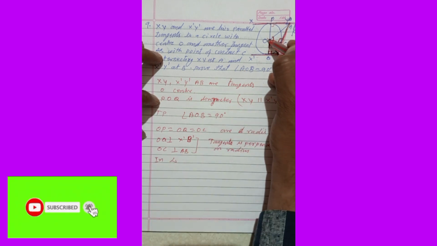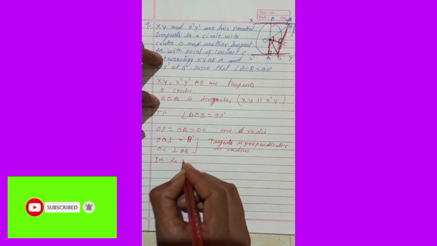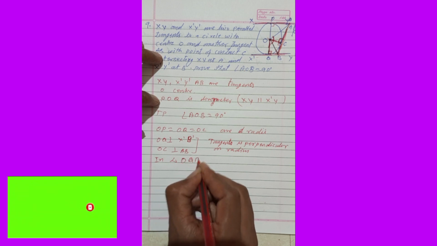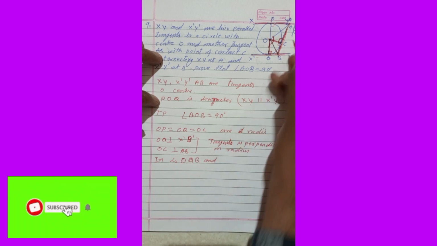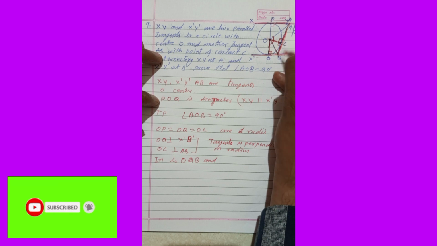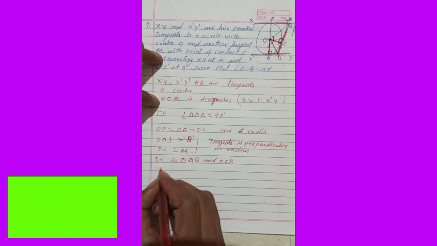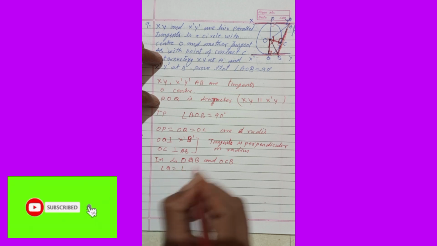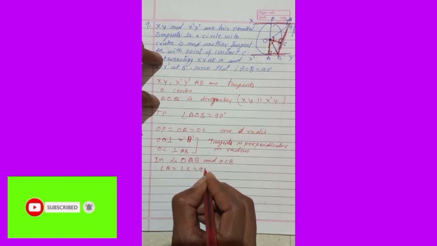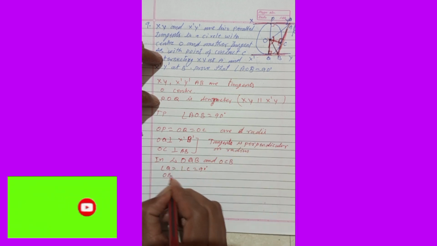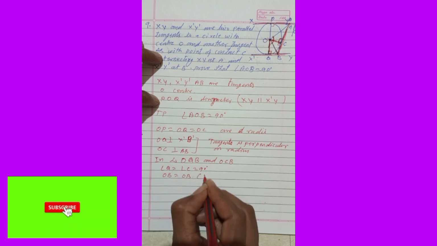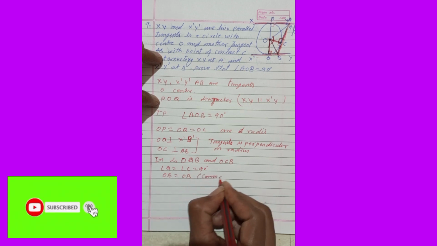So in both triangles, triangle OQB and OCB, we know angle Q is equal to angle C, 90 degrees as given, and OB is equal to OB because it is a common side.